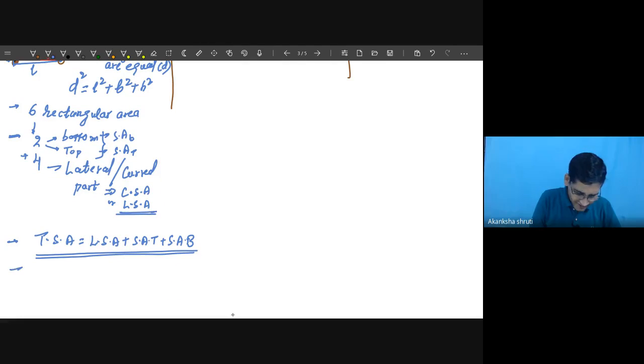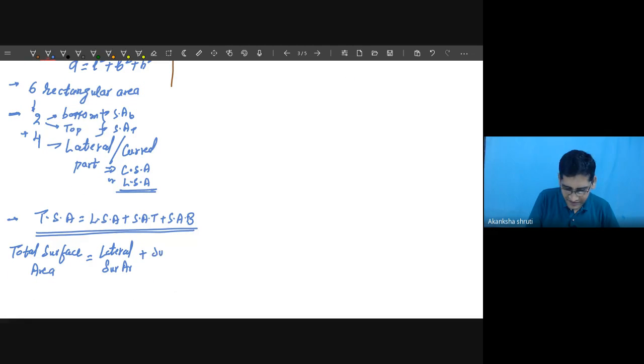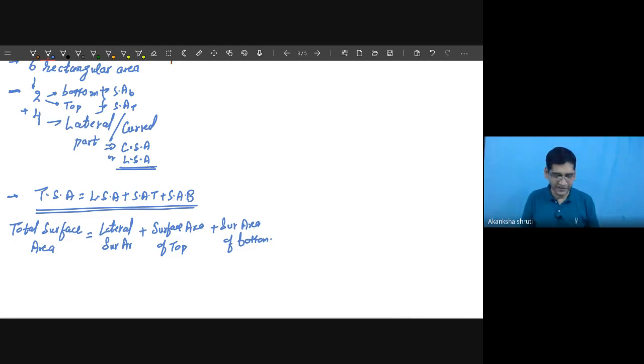So we can write in complete or in more detail, total surface area is equal to lateral surface area plus surface area of top plus surface area of bottom. Is it okay? This is the relation.